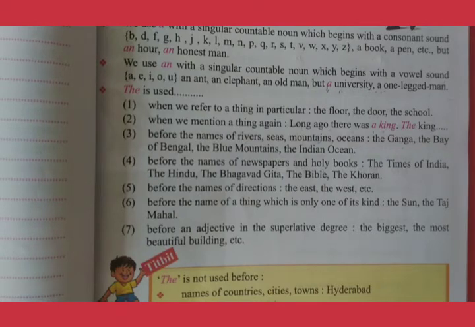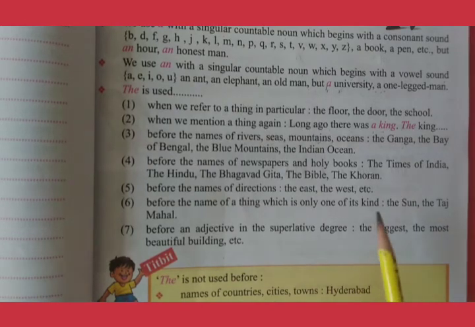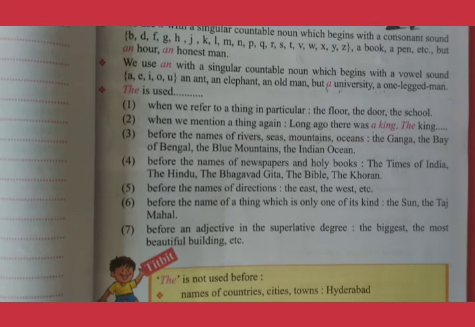We also use the with directions: the east, the west, the south, the north. Next, before the names of things which are the only one of their kind, we use the: the sun, the Taj Mahal, the Qutub Minar, the moon.